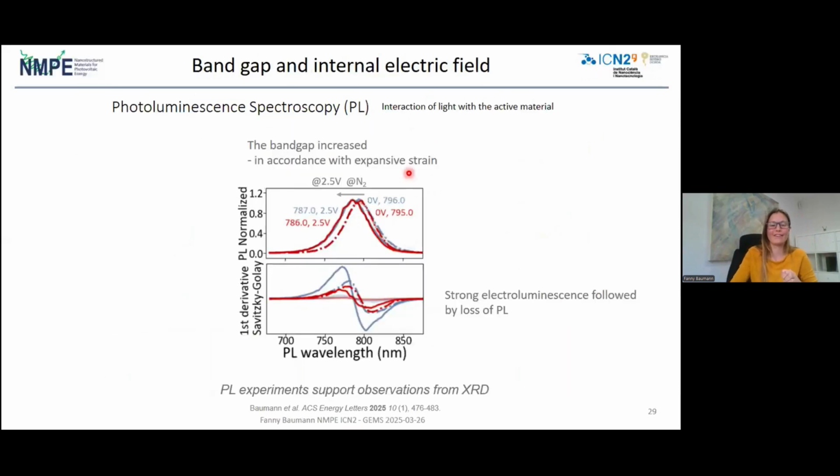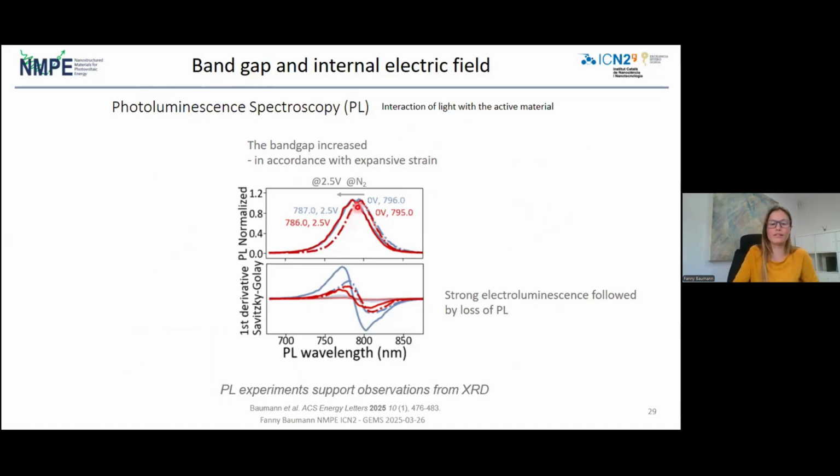Okay. For photoluminescence spectroscopy, what we did is exactly the same experiment. So we have our device connected electronically and in the nitrogen flow, and we add a 2.5 voltage. But in this instance, the illumination is the laser from the photoluminescence.